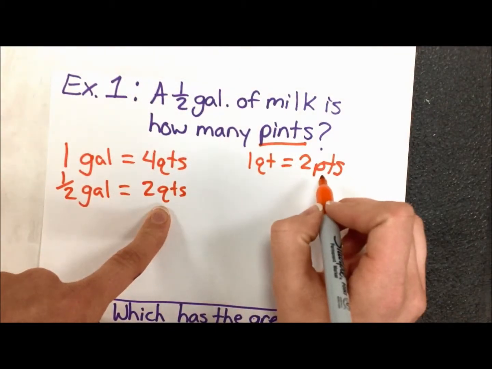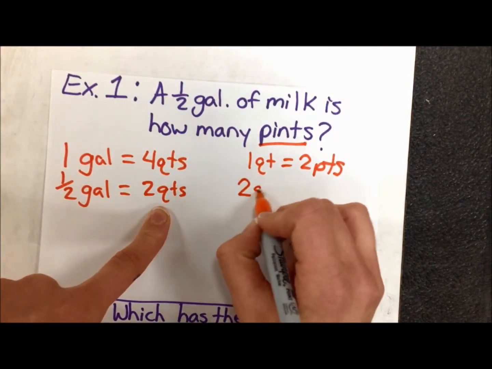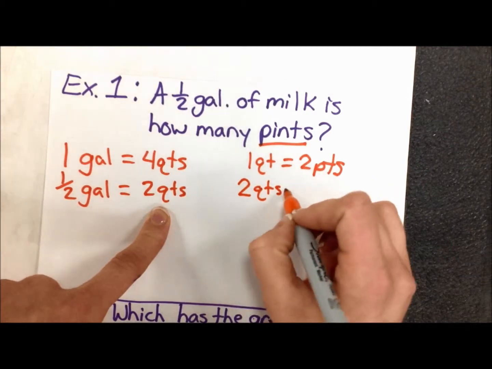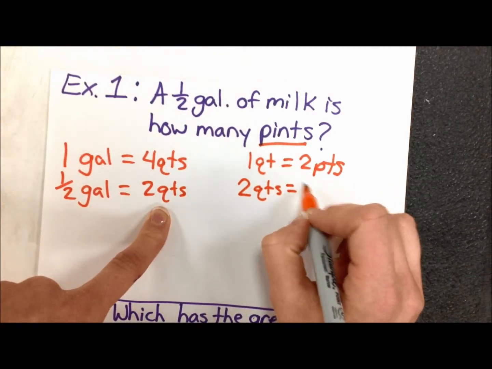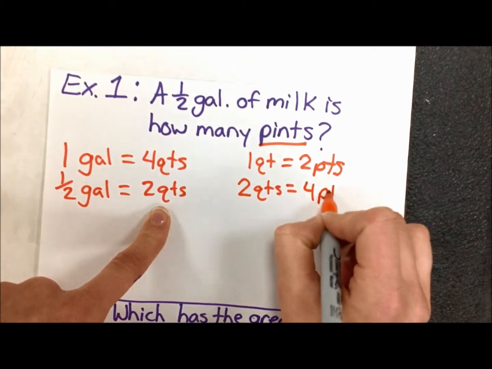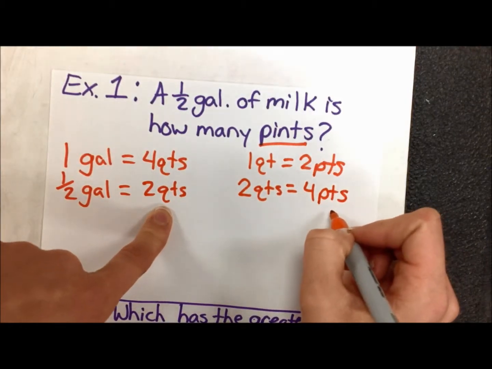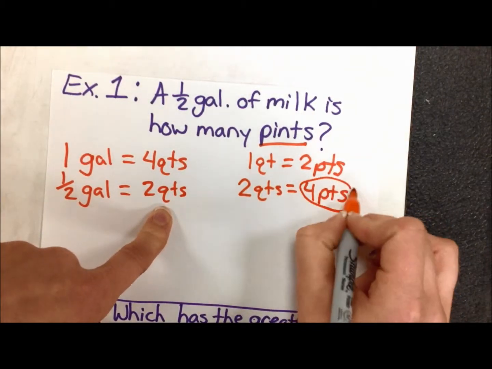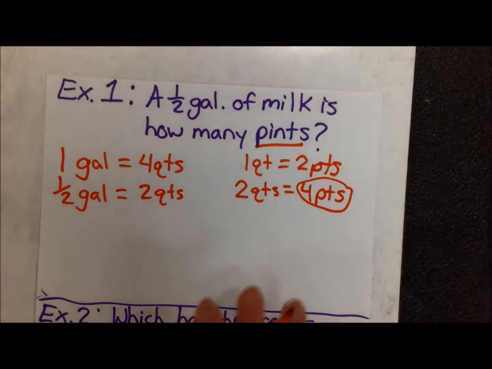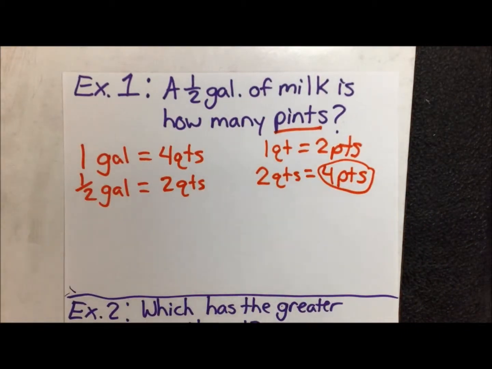So if 1 quart is equal to 2 pints, then that means 2 quarts is equal to 4 pints. So my answer should be 4 pints. Please take a minute and write this down if you need to.